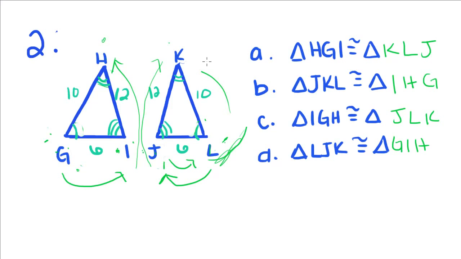And that makes sense because if you look at it, HGI is really reflected over to get KJL because we still have H up here, and then I would be over here, G would be over here. So that's why these are reflections of these.